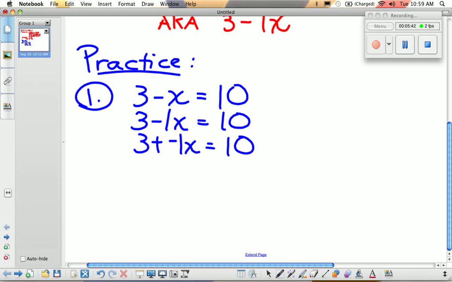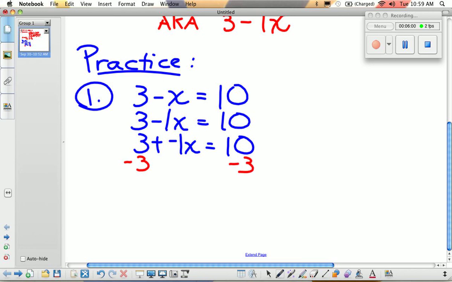And remember, we undo addition or subtraction first. So what should we do first in this problem? Subtract 3 from both sides. We can read this backwards: it's negative 1x plus 3. So to undo adding 3, we need to subtract 3.